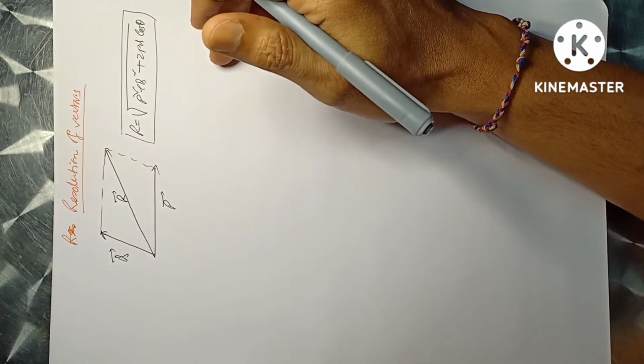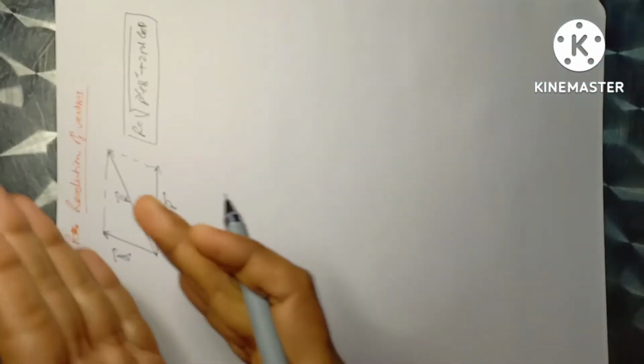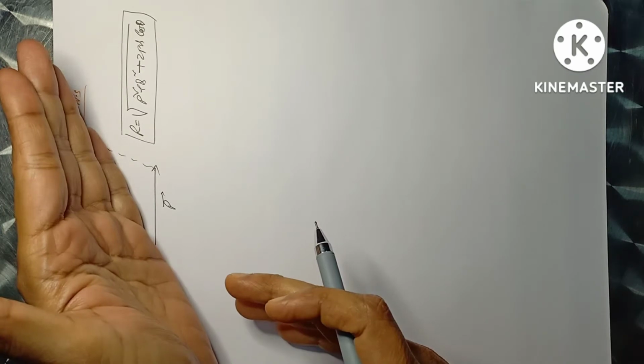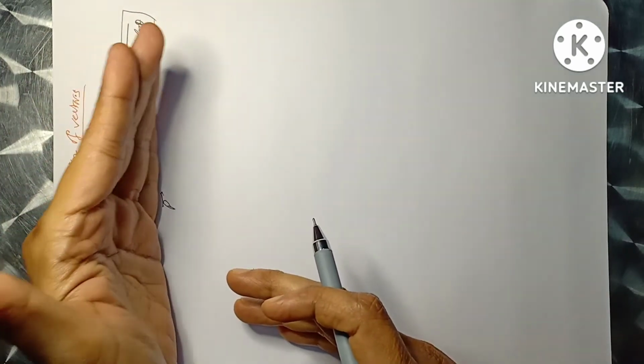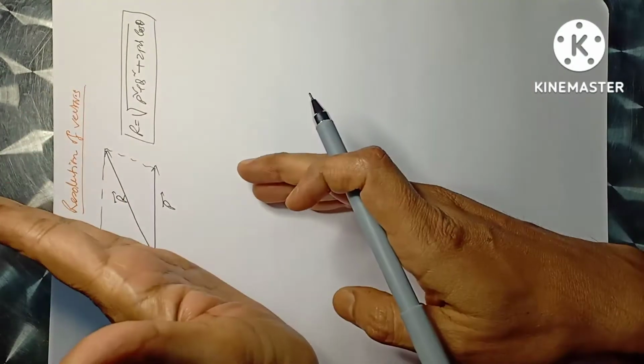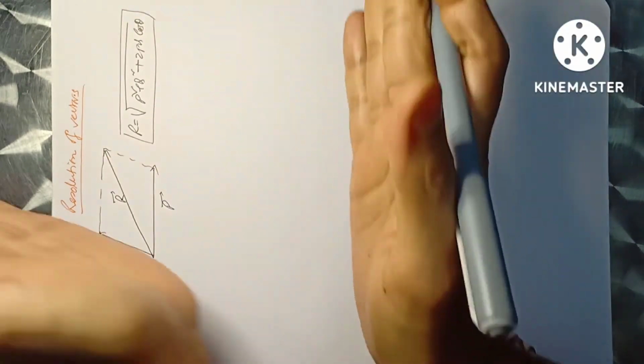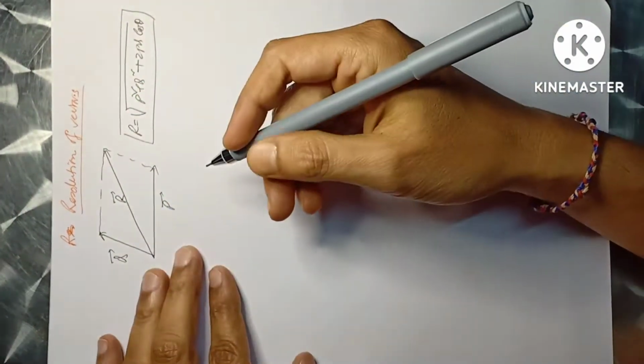So how can we get P and Q from R? This is called resolution. That means the component of R along this direction, and the component of R along this direction. This is called resolution. From P and Q we get the resultant, and from the resultant we want to resolve to P and Q. So how can we get this?